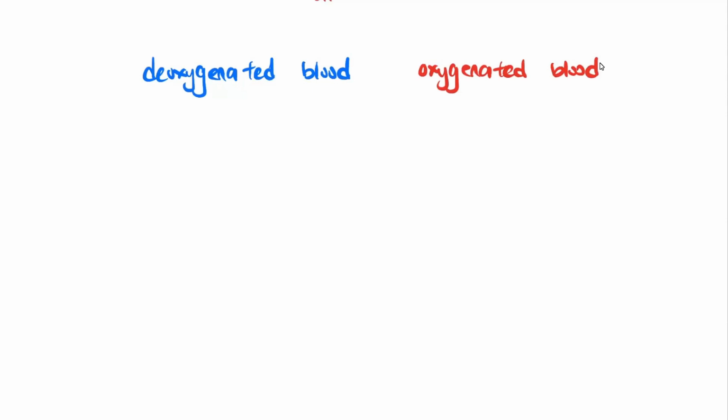So we start from the blood coming from the body. Okay, it will be delivered back to the heart via the vena cava. And then it will enter the right atrium.